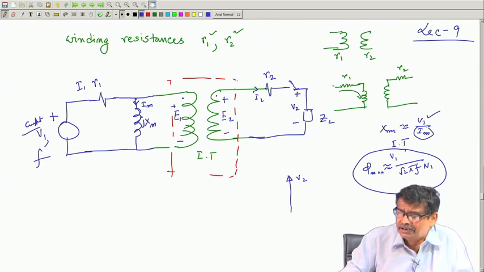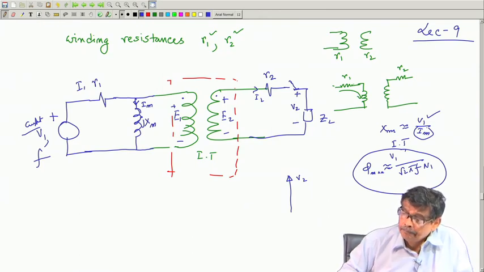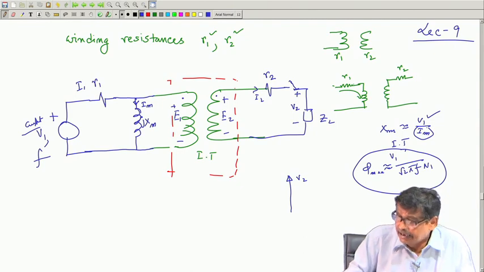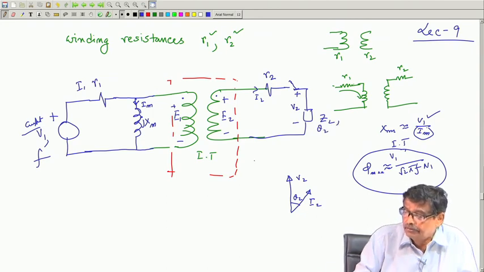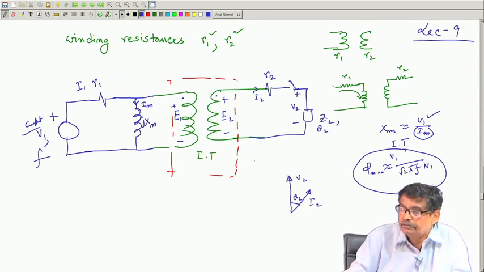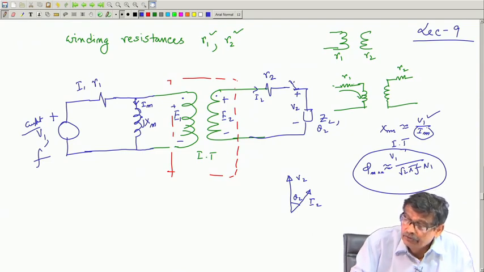I draw V 2 arbitrarily vertically. If I know V 2, then I can fix up where I 2 will be, because the load power factor angle is known. Suppose the power factor angle of the load is theta 2, V 2 I 2 I have drawn with S closed.